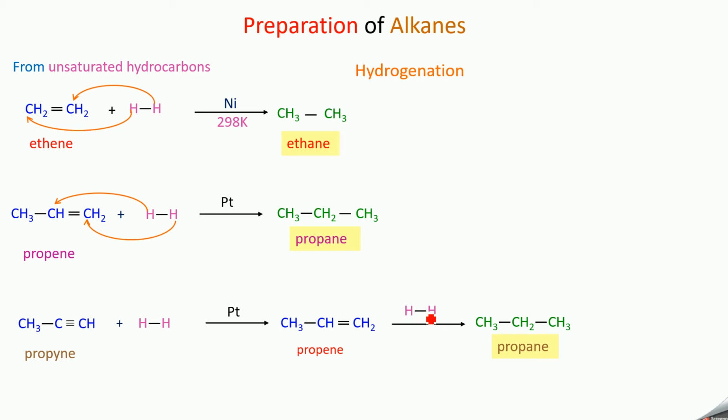Or you can do it in one step by adding 2 hydrogen to this propyne so that you get propane. So either you can show it in 2 steps, or in one step by adding 2 hydrogen. So these are the methods by which you can prepare alkane from unsaturated hydrocarbon. Unsaturated hydrocarbon means either a double bond or a triple bond.